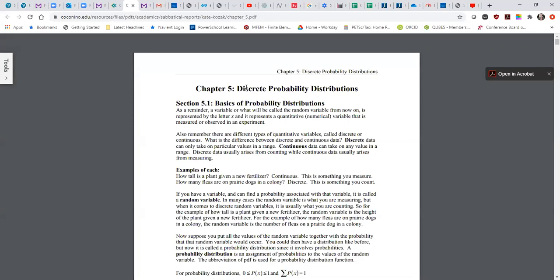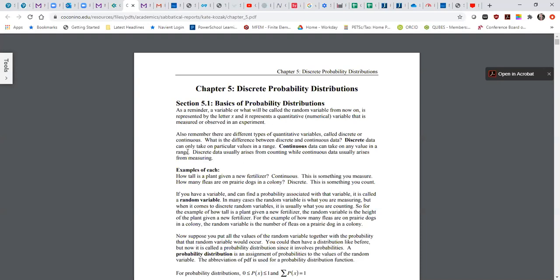From the textbook you can see chapter 5 is talking about discrete probability distribution. So the basics of probability distribution: I think you know the difference between discrete and continuous, right?